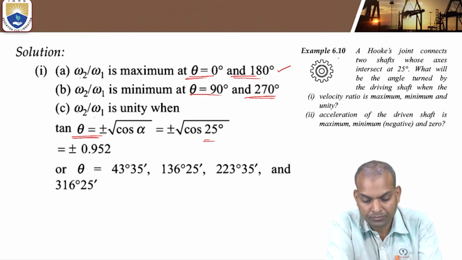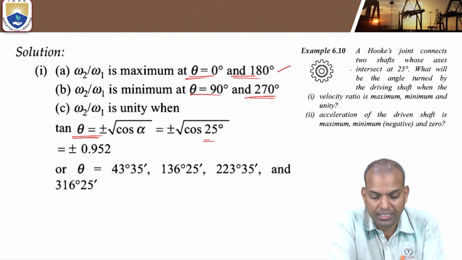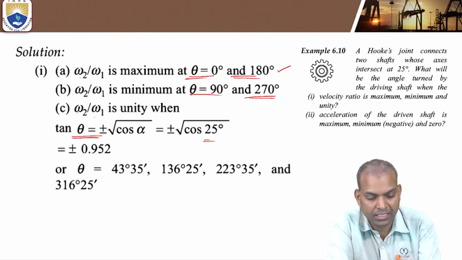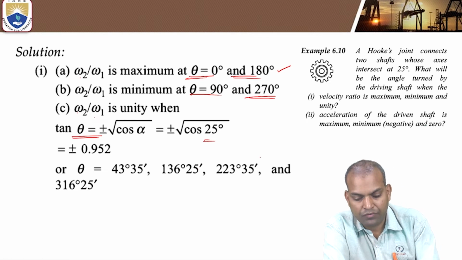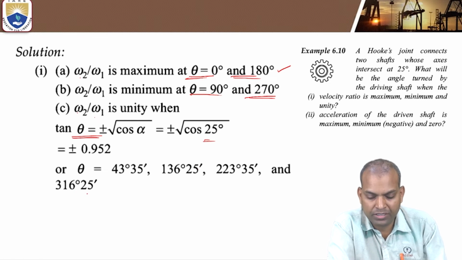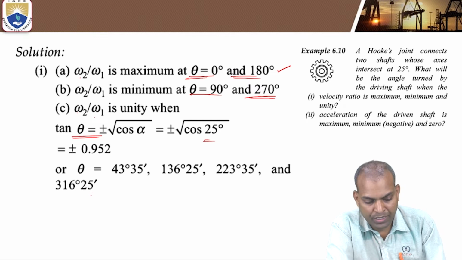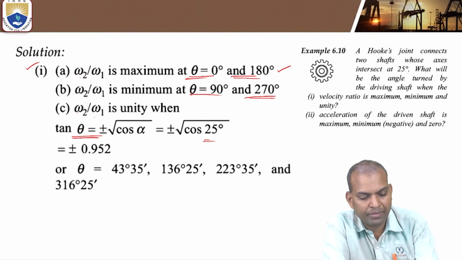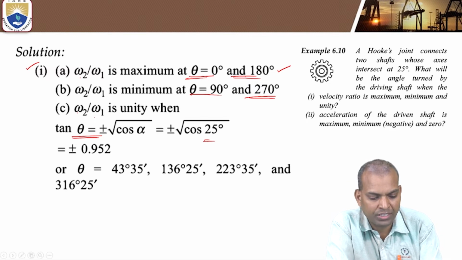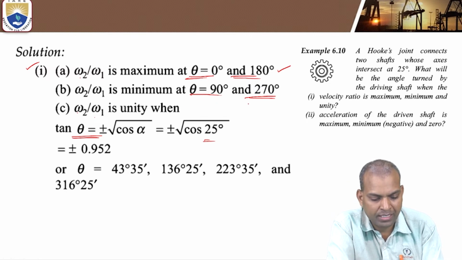The problem states: a Hooke's joint connects two shafts whose axes intersect at 25 degrees. What will be the angle turned by the driving shaft when the velocity ratio is maximum, minimum and unity? These are already proven. The velocity ratio is maximum at theta equal to 0 degrees and 180 degrees, and minimum at 90 and 270.